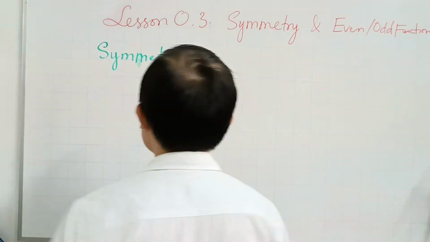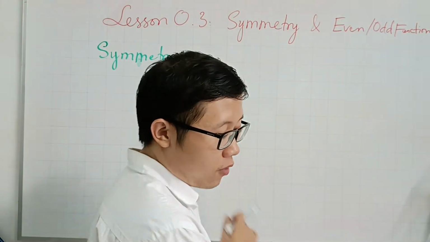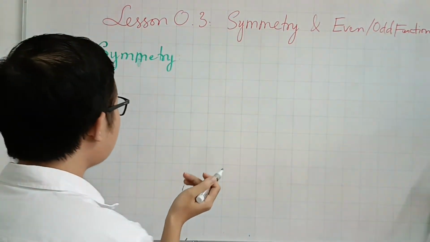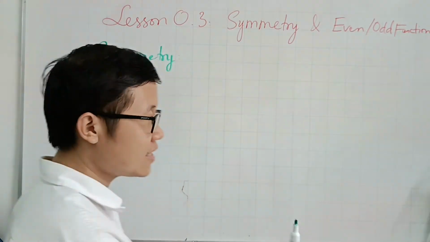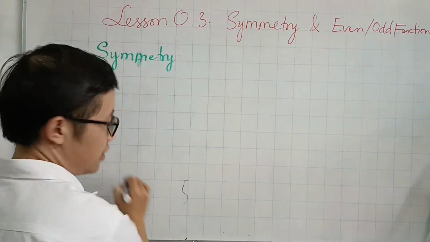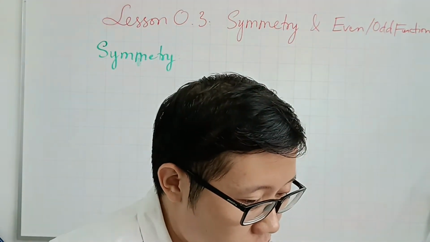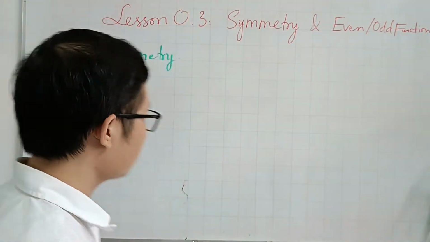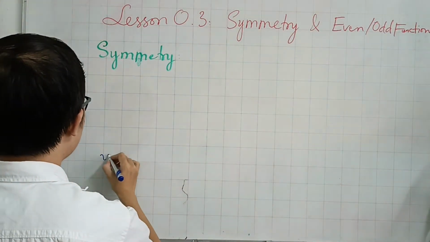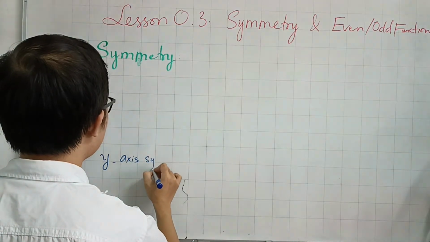The first is symmetry where y reflects across the y-axis, so we call this y-axis symmetry.